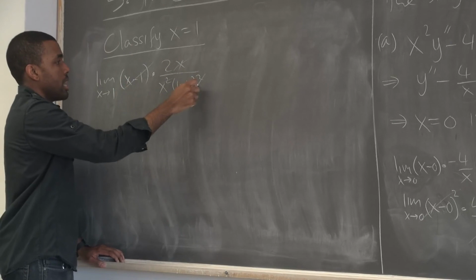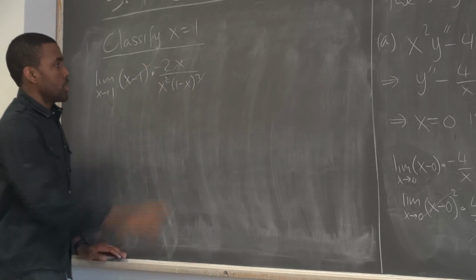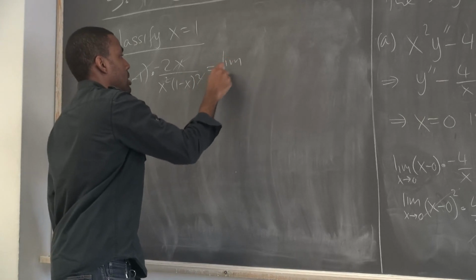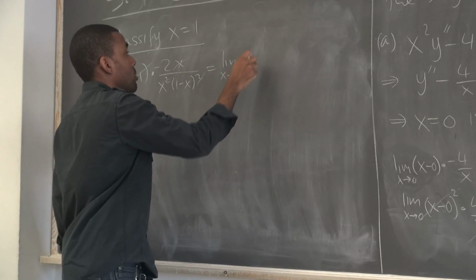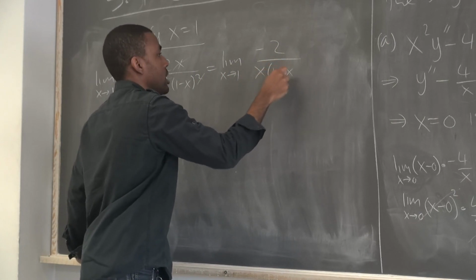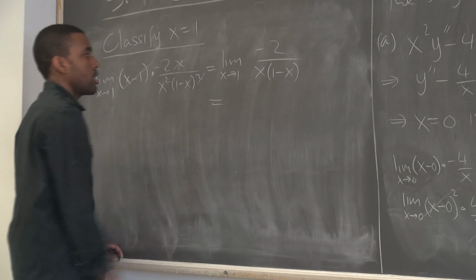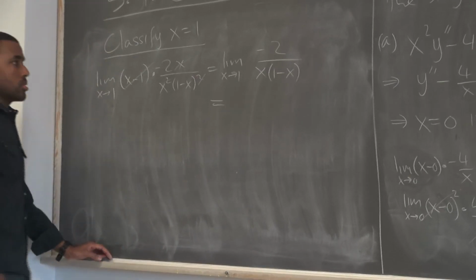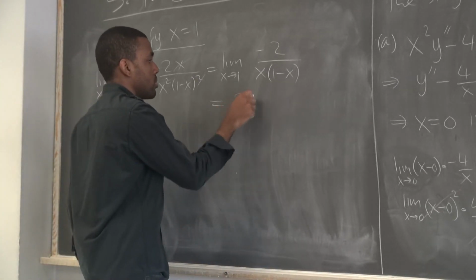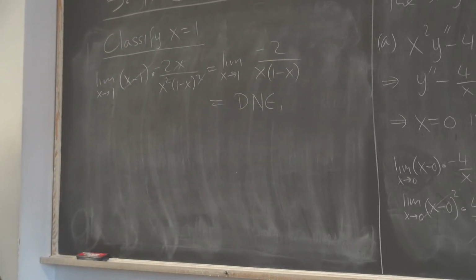This goes into that minus 1. So this is just the limit as x approaches 1 of minus 2 over x times 1 minus x. And what happens as x approaches 1 there? Does not exist, right? It goes to positive infinity from one side, negative infinity from the other side.